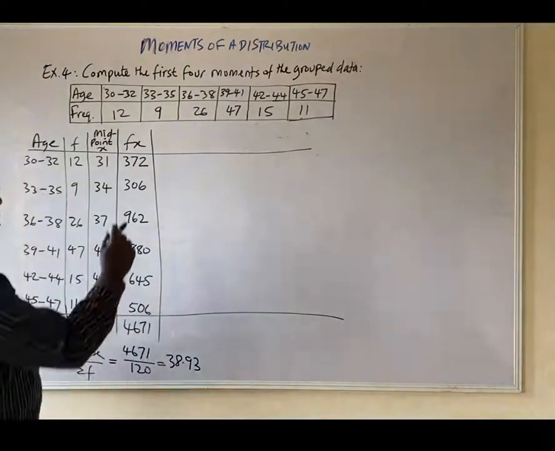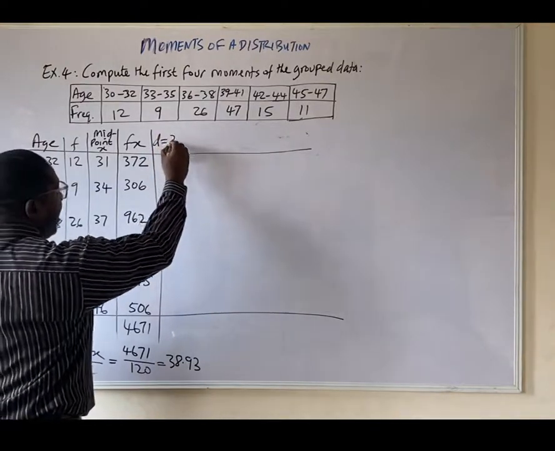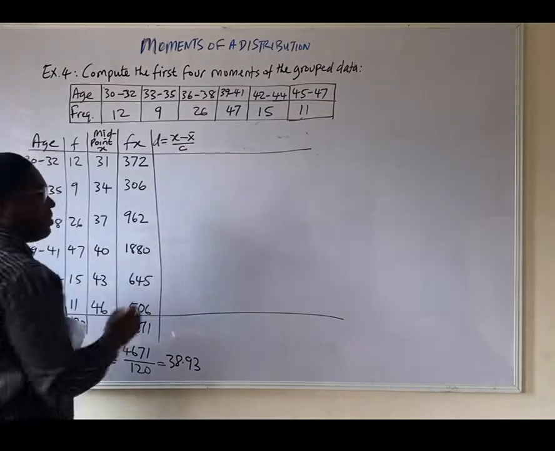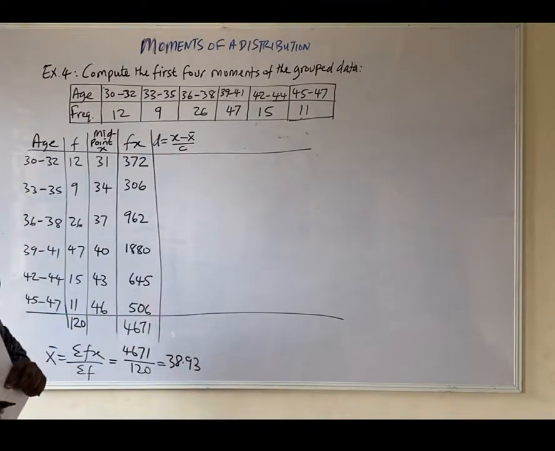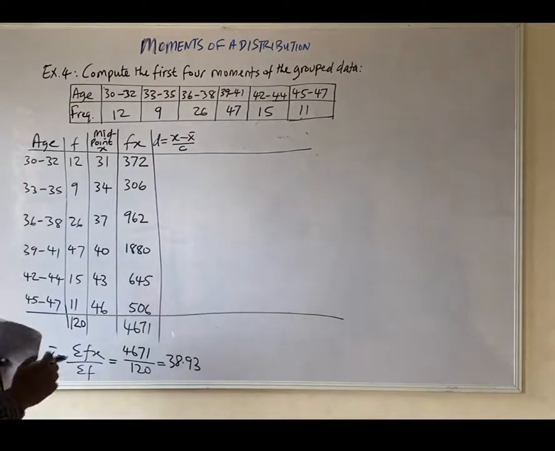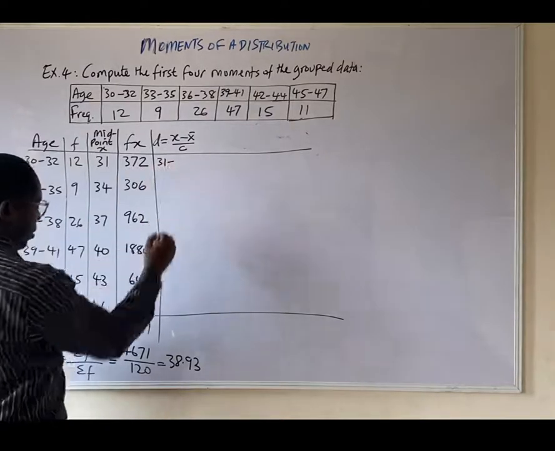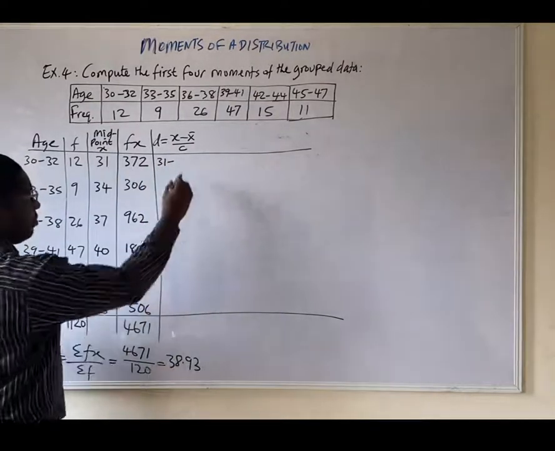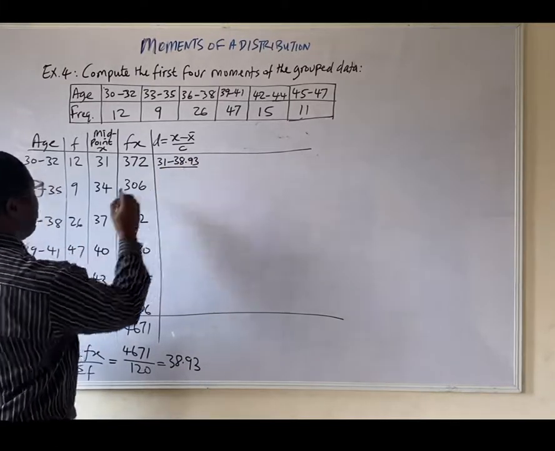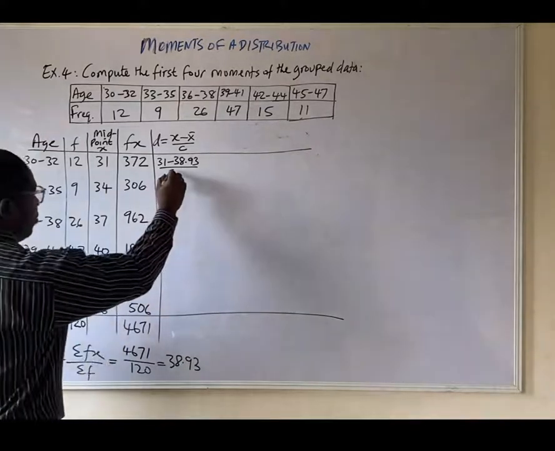In this case, deviation will be x minus x bar all over class interval. So this will be 31 minus 38.93 all over, what's our class interval here? 3. Thank you. We have 3.